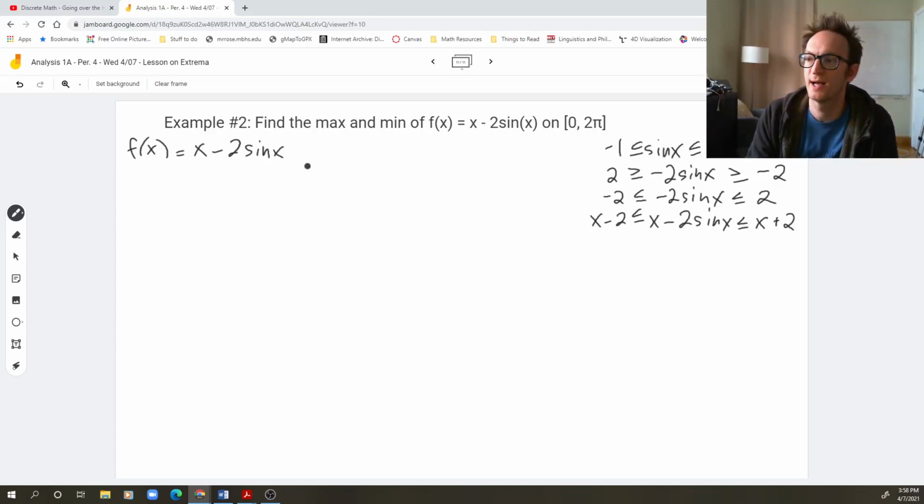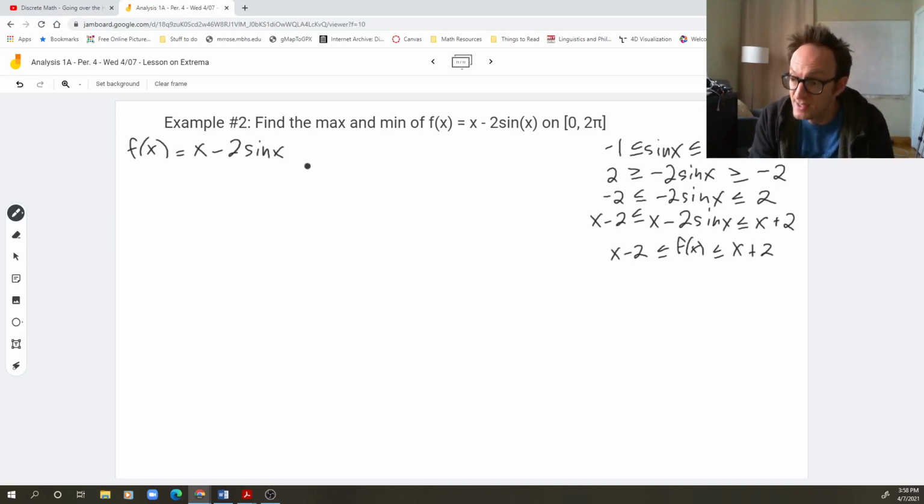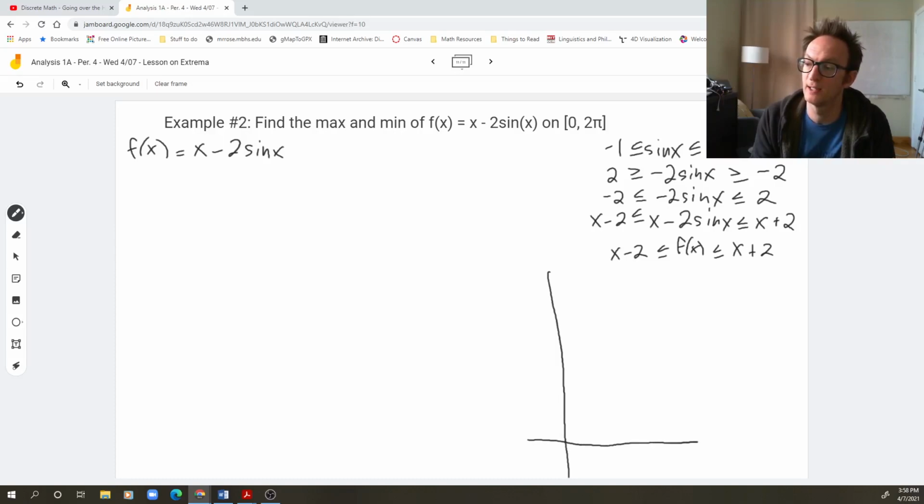It means that my function, I've just proved, this is the kind of thing we did in pre-calc C, is between x minus 2 and x plus 2. So that's kind of a cute little fact. It means that if I was going to graph this thing, which I do want to do now, then let's see, 1, 2, something like that.